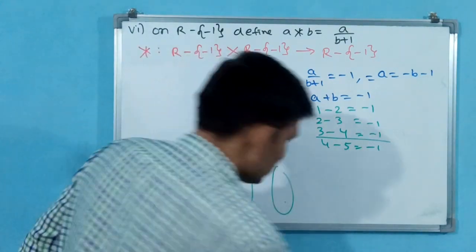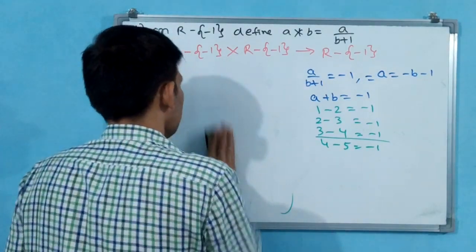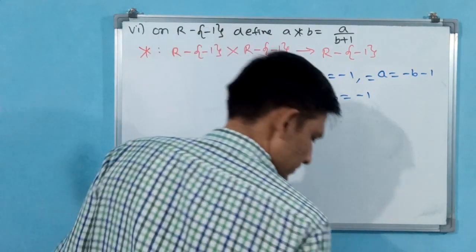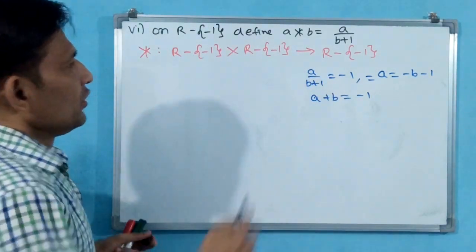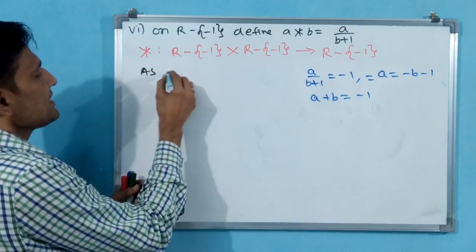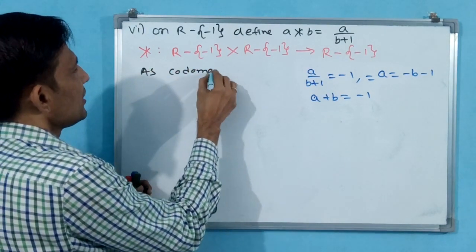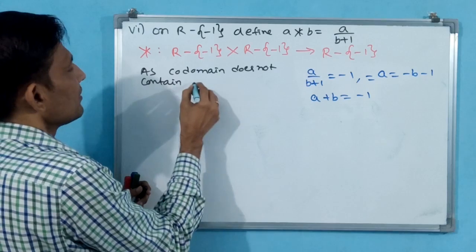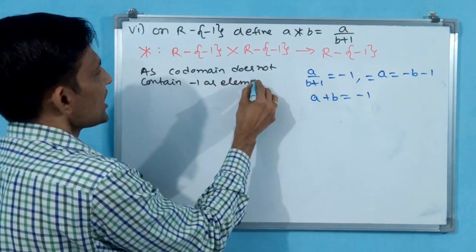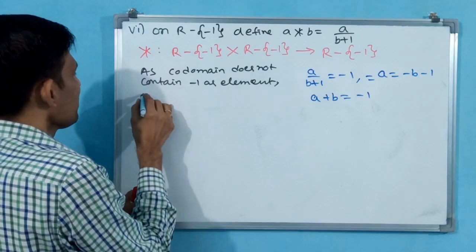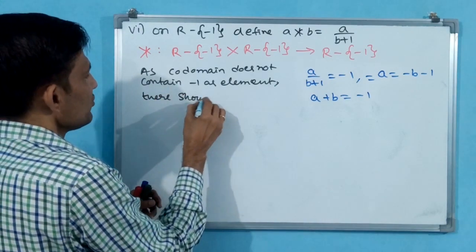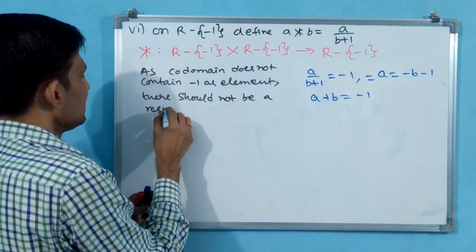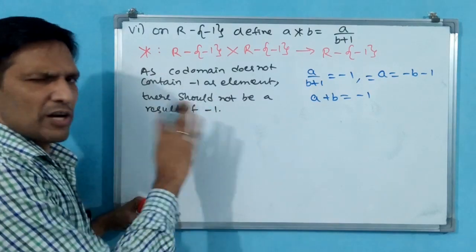But how to write it, you see how I am writing. You write like this: as the codomain does not contain minus 1 as an element, there should not be a result of minus 1.